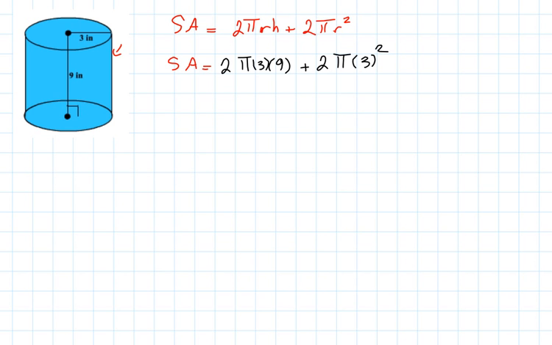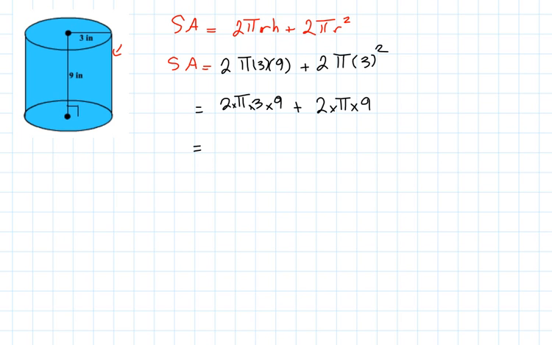Order of operations, BEDMAS: you square first, so you end up with 2 times pi times 3 times 9, plus 2 times pi times 9. I'm going to do something to make it easier for myself with the calculator. I'm going to multiply all the numbers first and then multiply by pi, because the order of multiplication doesn't really matter if you're just multiplying.